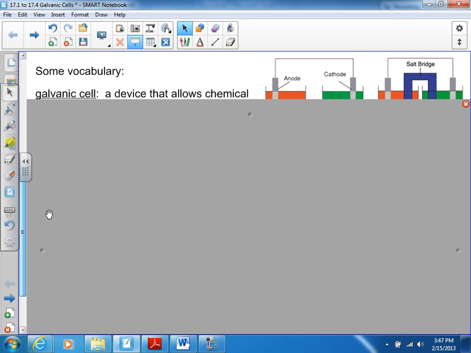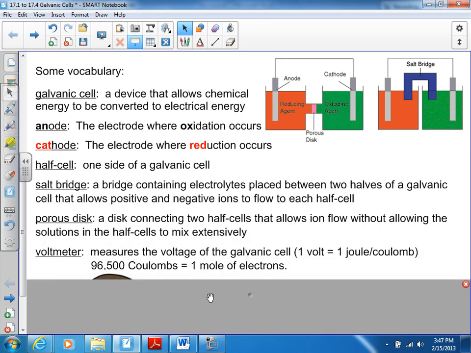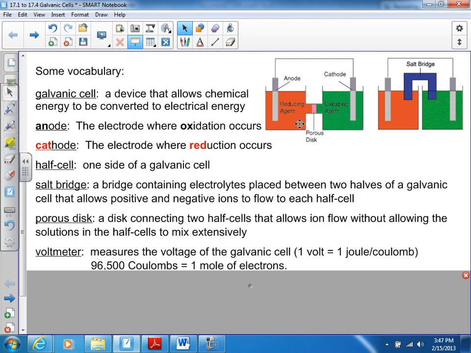So you need to learn a lot of vocabulary. Over here is a picture of a galvanic cell. On one side you have oxidation occurring because you have reducing agents and they get oxidized. On the other side, you have reduction occurring, where you have the oxidizing agent.